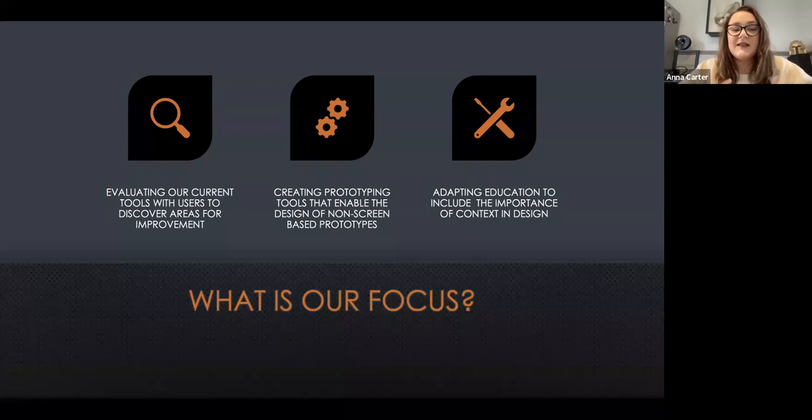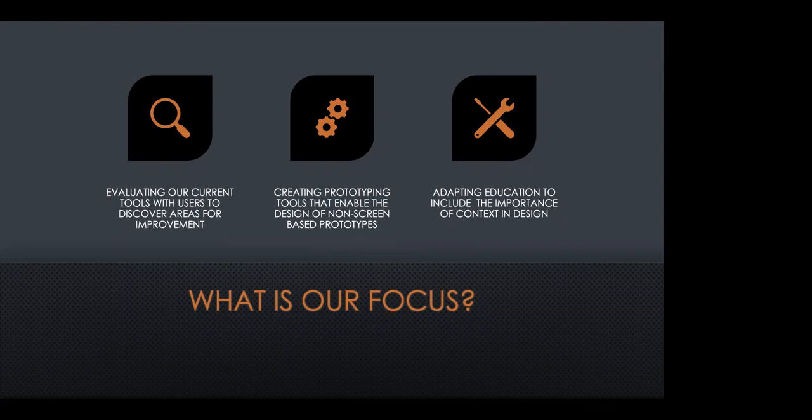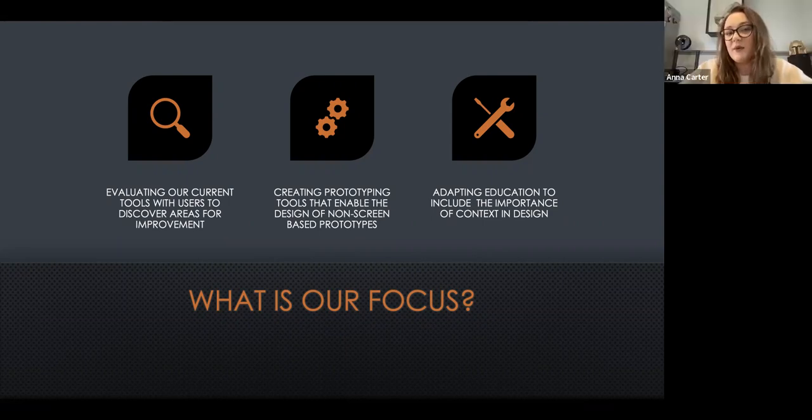So the focus then was to evaluate what kind of tools we have at the moment, and whether there are any areas for improvement, not just from our point of view, but from a wide range of users. Again, I'll talk about what workshops we've done so far and what we've got planned to get these points of view.